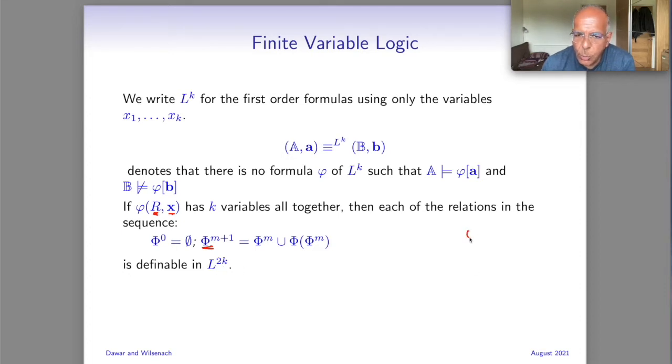So for each m, there's a formula phi m, which in any structure A defines the relation you get by iterating the operator defined by phi m plus 1 times. And this formula has no more than 2k variables altogether, and therefore the number of variables is independent of m and independent of the size of the structure.